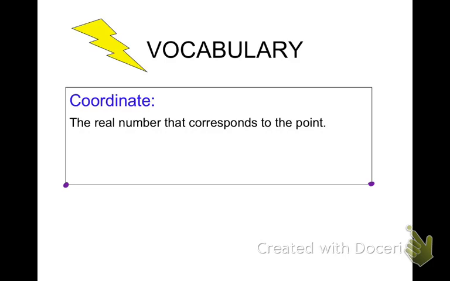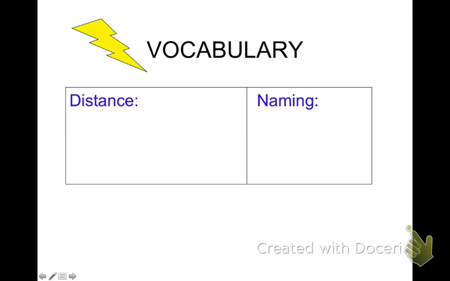So what are we really doing when we're measuring something? We're actually finding the distance of it.